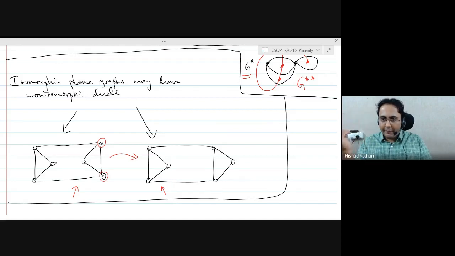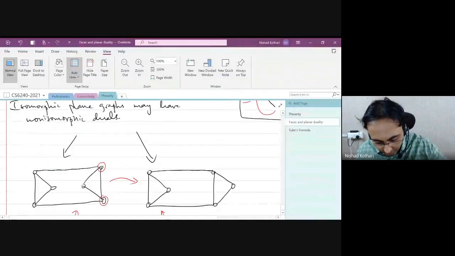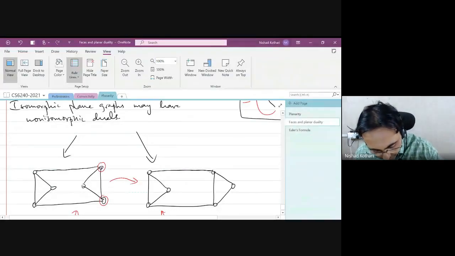We are geometrically flipping it to get a different drawing. Turns out you actually need a two vertex cut or a one vertex cut to do this. If your graph is three connected, then you actually cannot get two different planar embeddings. So let me just put that, and we will be proving that later in the course.